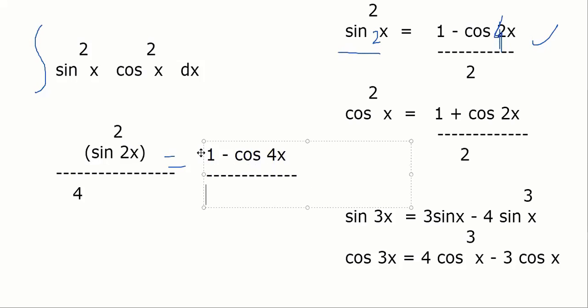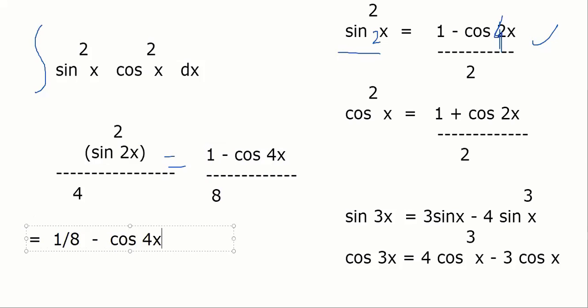और मेरा 4 तो पहले से ही था, तो 8 हो गया. Now everybody knows how to integrate 1 minus cos 4x. कैसे? If you split that, my quotient becomes 1 by 8 minus cos of 4x whole by 8. 1 by 8 का integration we know already. यहाँ पे 1 by 8 is gone. What is integration of cos 4x? We know that.